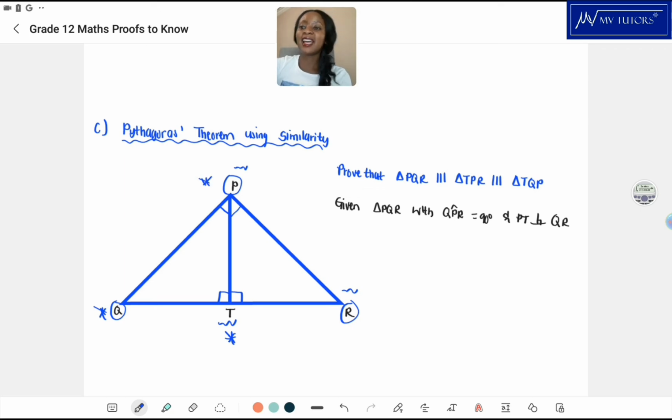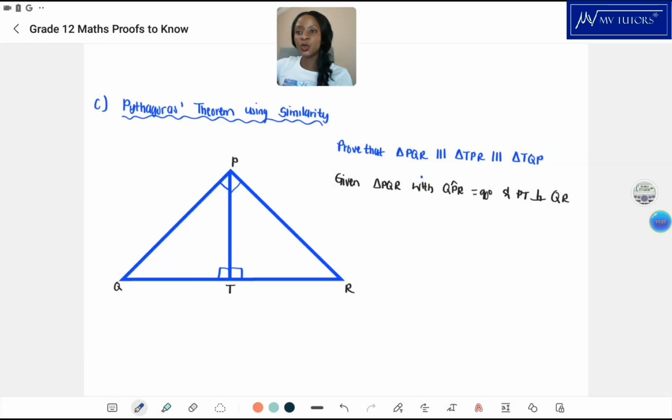I've seen questions like this where you have a huge triangle and then you have these other triangles and you need to show that all of them are actually similar. So what is similarity? That's basically having the same angle and the sides being in proportion. So we are given triangle PQR with angle QPR equal to 90.